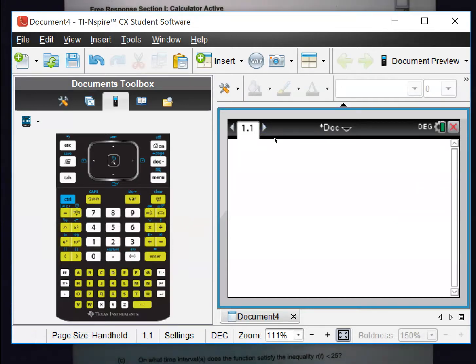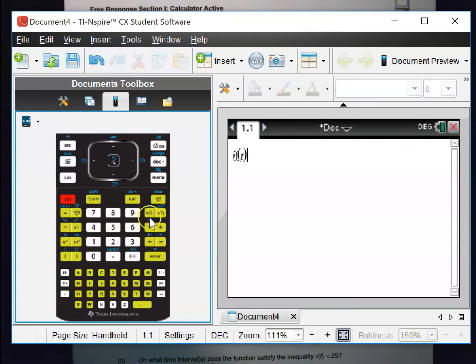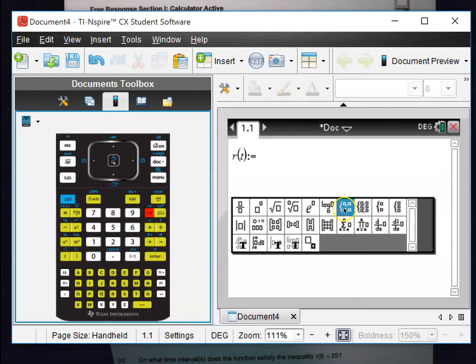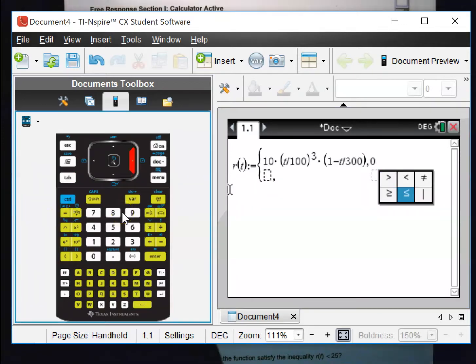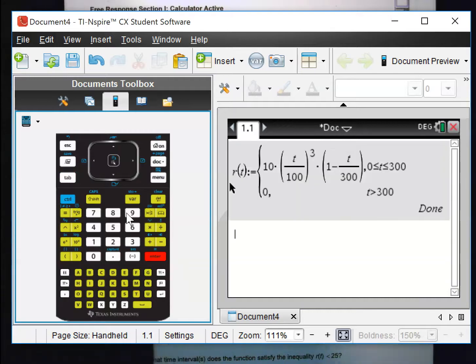I'm going to define R of t as a piecewise function: 10 times (t over 100) to the third power times (1 minus t over 300), for 0 less than or equal to t less than or equal to 300, and likewise 0 for t greater than 300. So now I've just programmed in what R of t actually is.